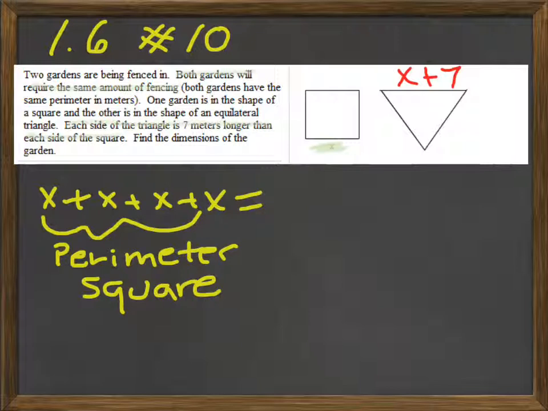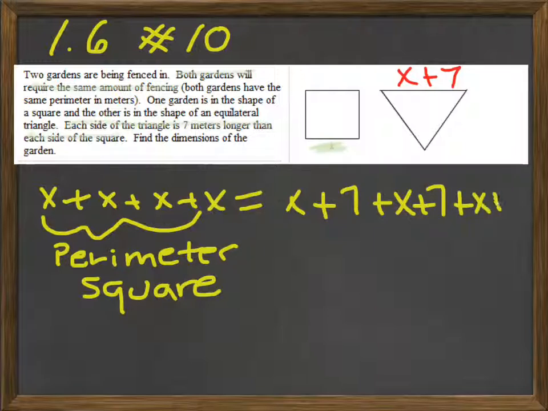Now it says that this is an equilateral triangle, so that means not only does the side that I labeled x plus 7 have a length of x plus 7, but all three sides do. So x plus 7 for the first side, x plus 7 for the second side, and x plus 7 for the third side.